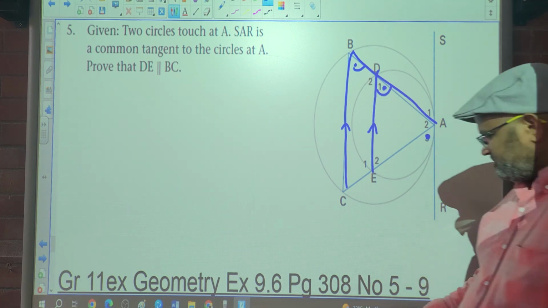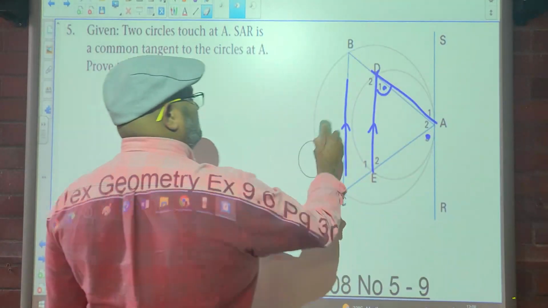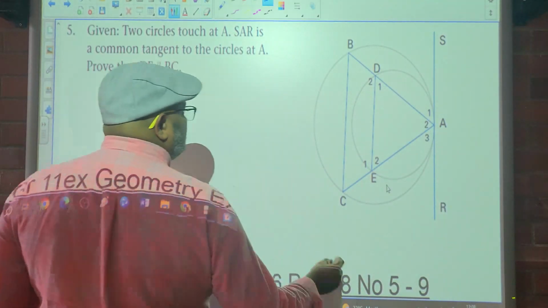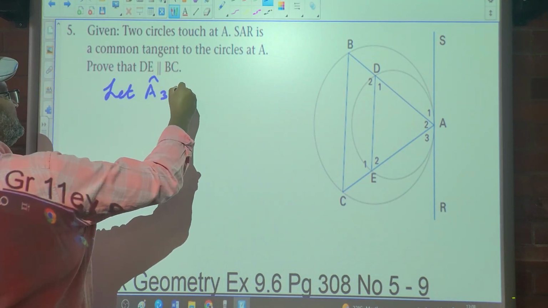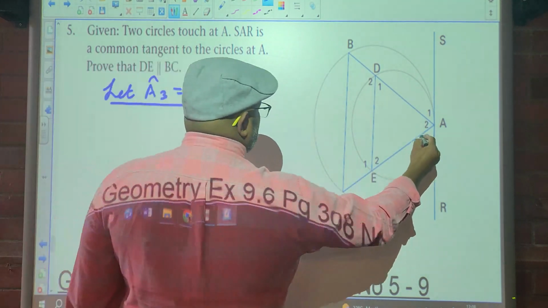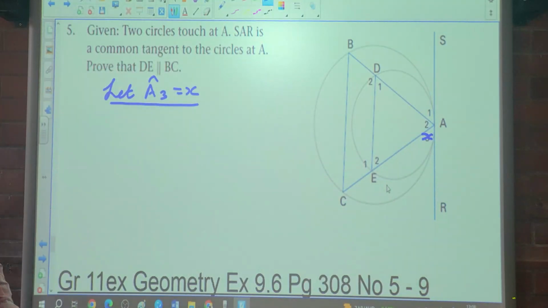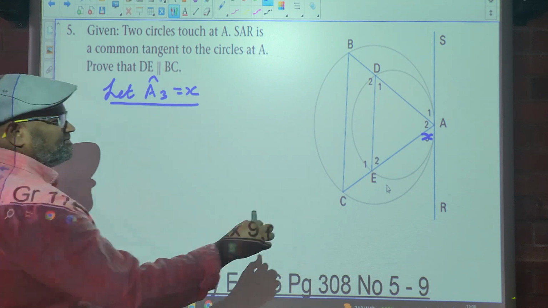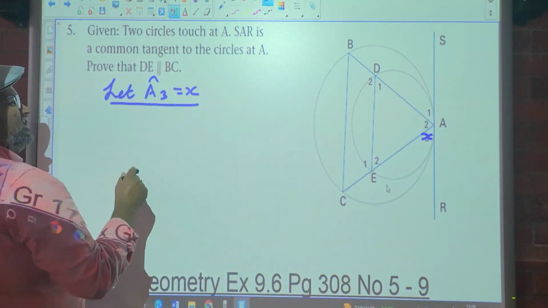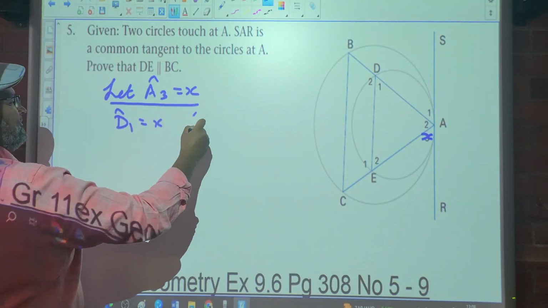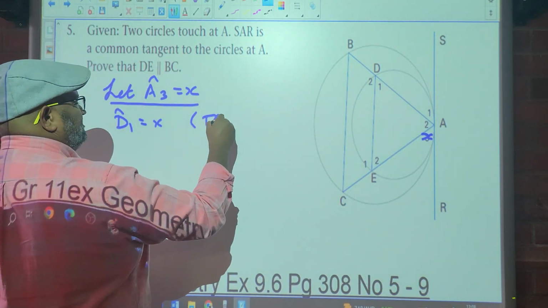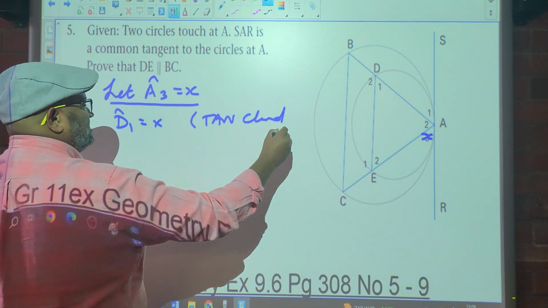Okay. So where do we start? We say that angle A3 equals x. This is actually an easy sum, so I didn't need to bring my x into it. But okay, since you insist. So if A3 equals x, then what? D1 is also equal to x. Why? Tangent-chord theorem.